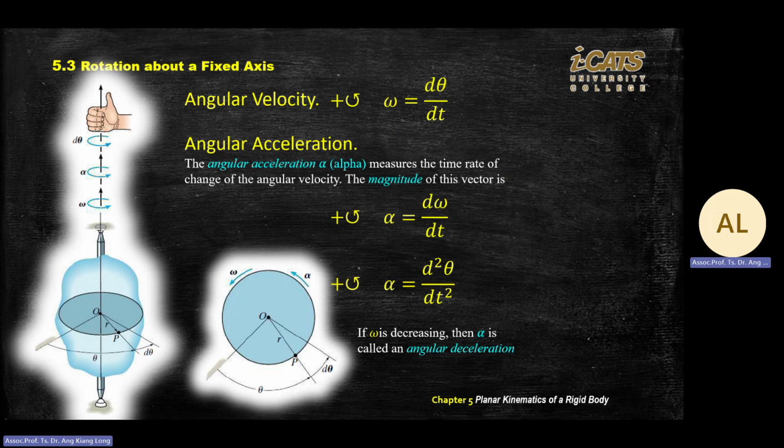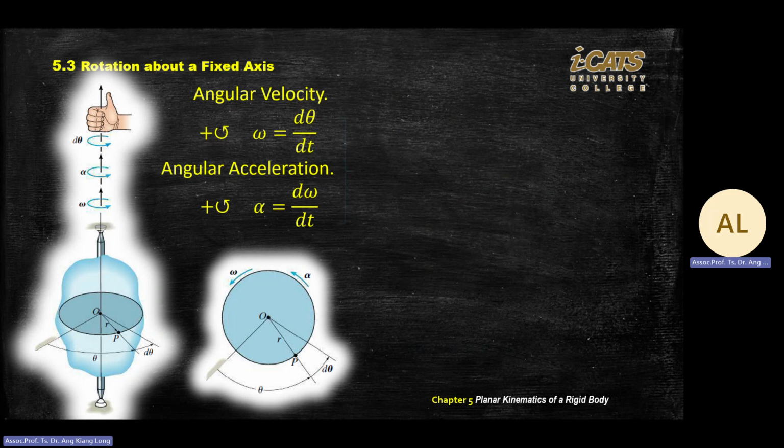Deceleration means you slow down. Usually, when this is decreasing, you have a friction, something stopping the rotation. Usually, it relates to brakes analysis. Okay. So we have these two.